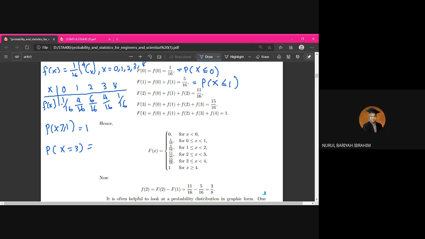So di sini we can find, boleh tak kita kata macam ni, probability of x more than or equal to 1 sama juga dengan 1 minus probability of x less than or equal to 0. Kita nak yang lebih dan equal to 1, 1 ke atas. So, kita tolak 0 ke bawah. Betul tak?